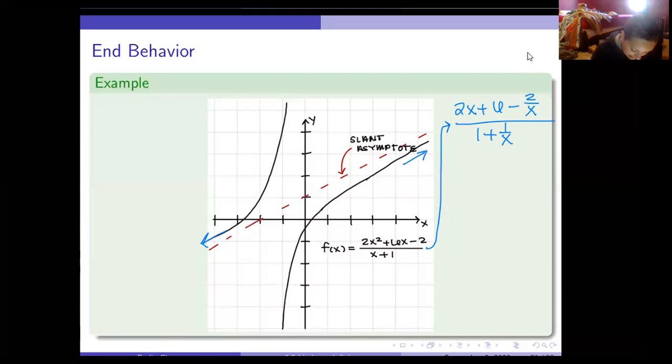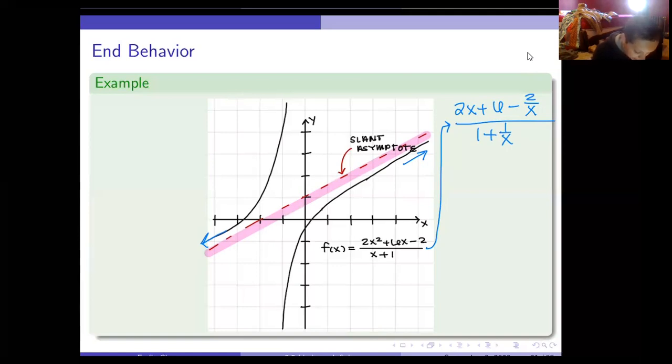Anyway, a slant asymptote means that there exists this line that I want to highlight. Highlight it in pink. There exists this line that our function tries to approach while it's approaching infinity. And hopefully you can see that. But as it approaches, it's never going to go somewhere there.